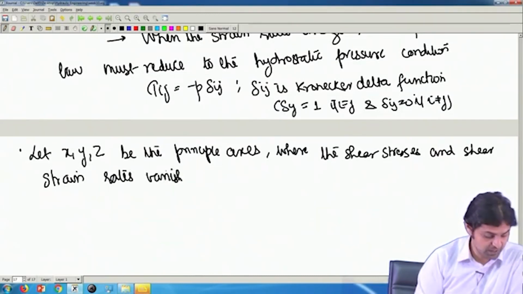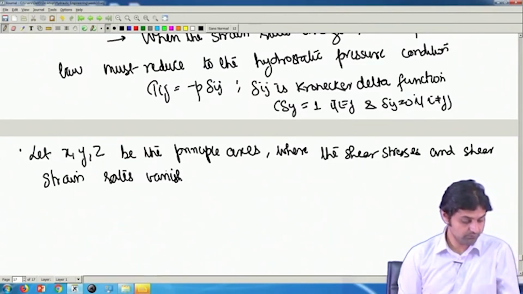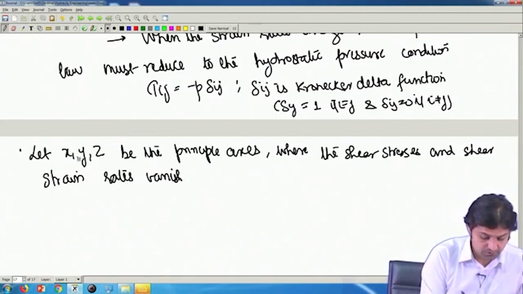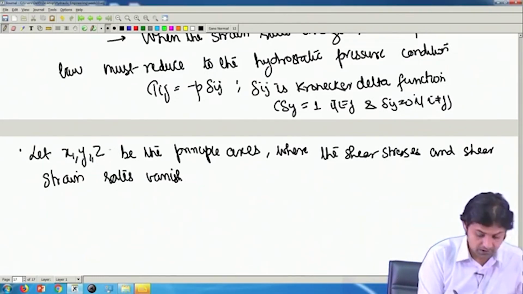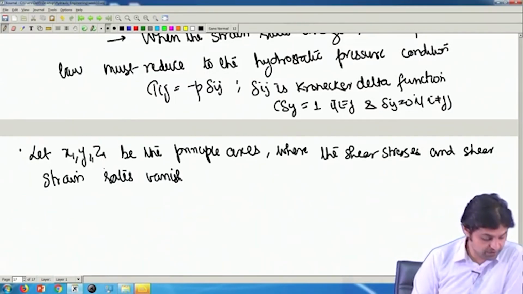Let us assume axes x1, y1 and z1 be the principal axes where the shear stress and shear strain rates vanish.